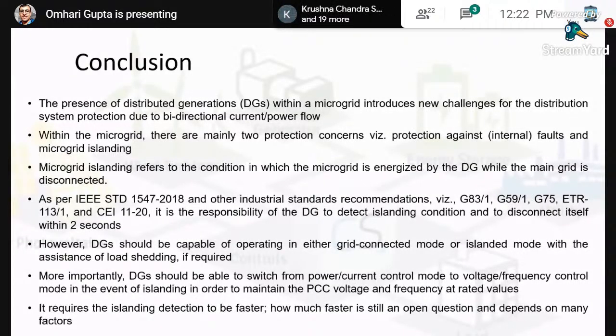With this, when you have such kind of provisions, the challenges will be in terms of protection as well as the islanding issue. Okay, protection challenges can be: the power flow can be bidirectional, there can be blinding of protection, there can be change in fault current level, and there can be false operation of the relay. Okay, so such kind of challenges in terms of protection can be there.